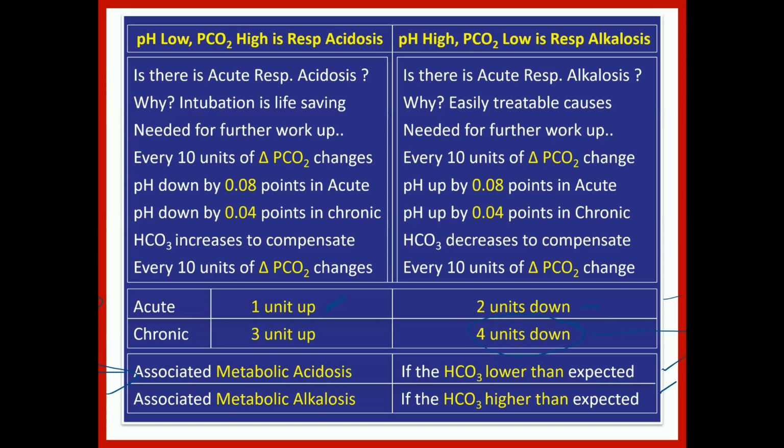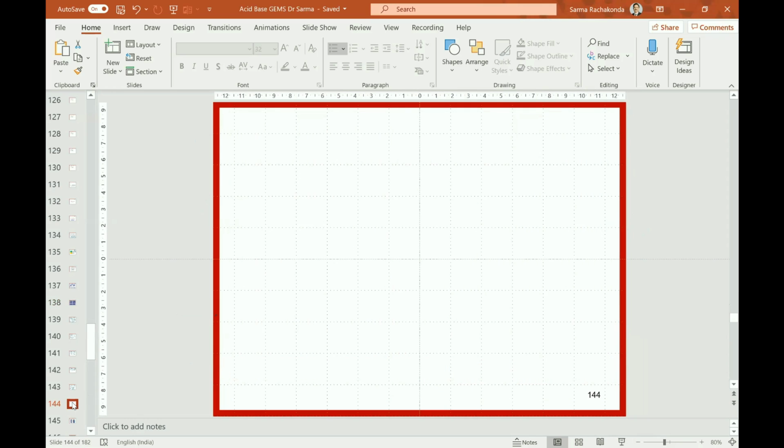Now I give you 2 questions. These 2 questions you answer and show me. If you find associated acidosis, you also find out whether it is NAGMA or AGMA. You know that, so you can find out. 7.15, 40, 85, 15.